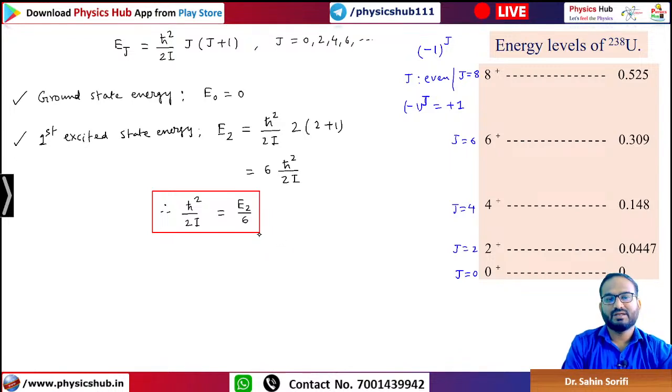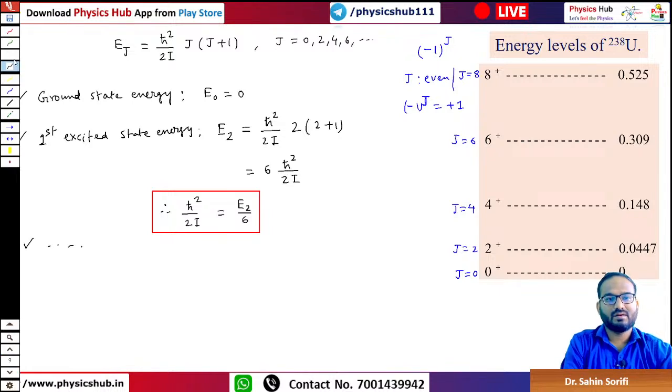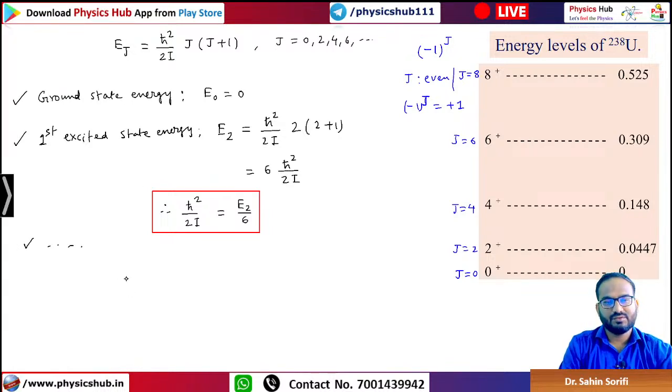Now the remaining we can express, and as a result we can formulate a general formula of E_j. E_j is equal to, you see, h cut square by 2I into j into j plus 1. So we can write 1 by 6 j into j plus 1 times E2, where j equals 0, 2, 4 and so on.